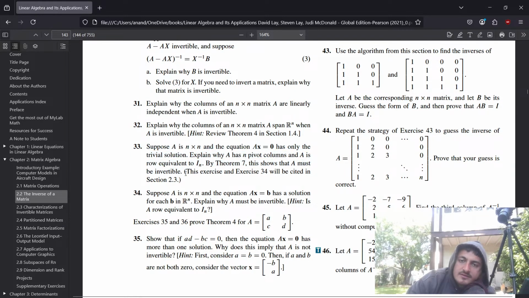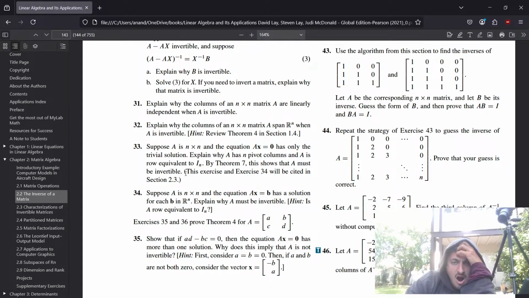Suppose A is n by n, and Ax equals 0 only has the trivial solution. Explain why A has n pivot columns and A is row equivalent to In. So if it only has the trivial solution, then it spans Rn. If it spans Rn, it's going to have n pivot columns.